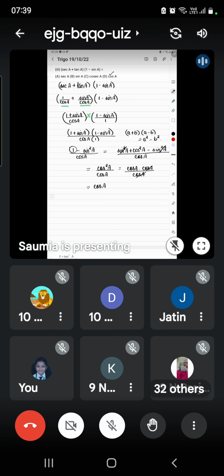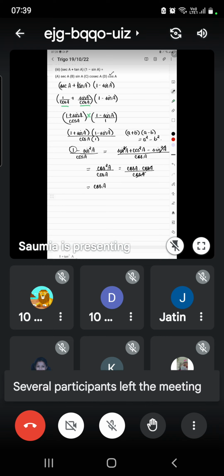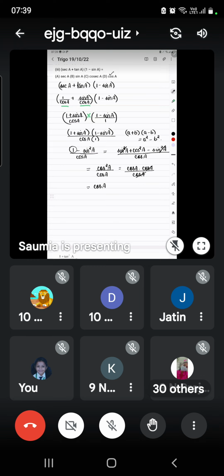Do it in your notebook so that your notebooks are not pending. Kaustubh, are you writing?